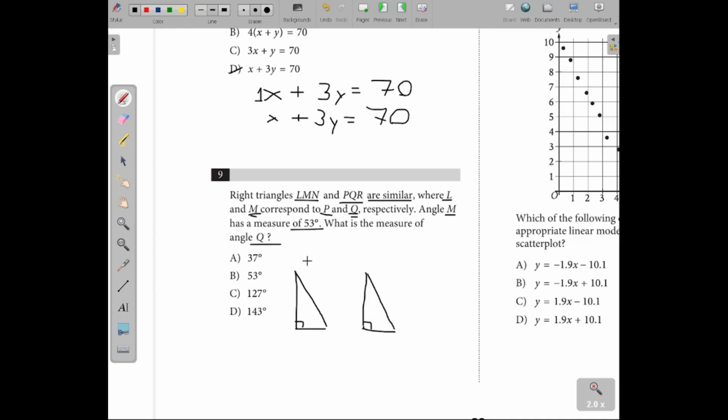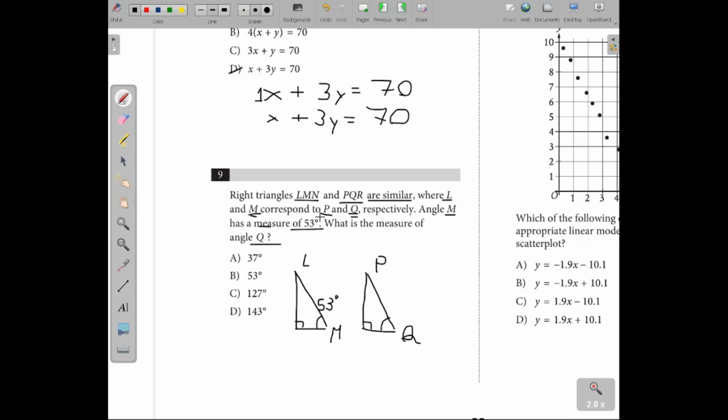And we have that L corresponds to P and M corresponds to Q. So they tell us we have this information that angle M is equal to 53 degrees. What is the measure of angle Q?